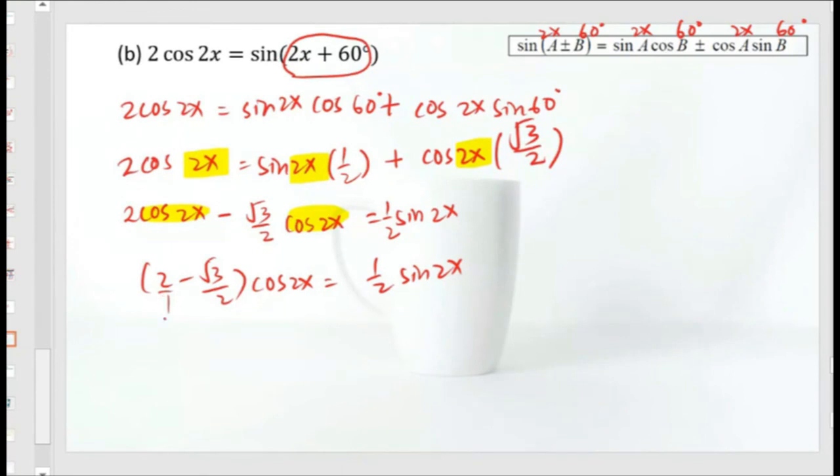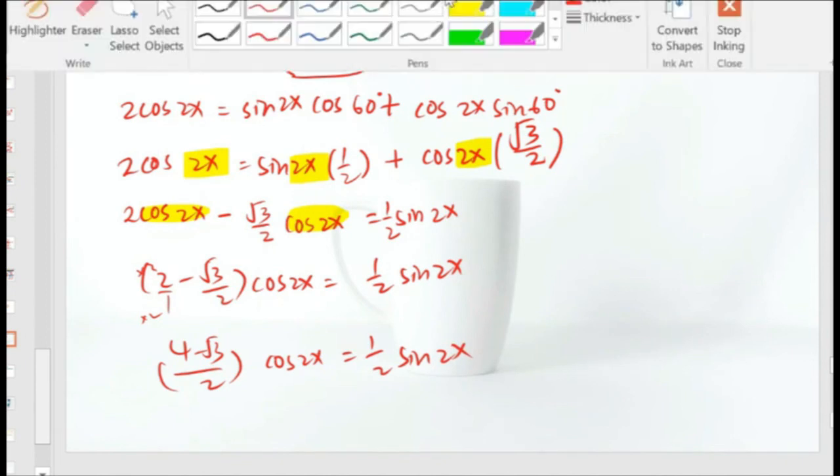Okay, then this one simplify. We change it, so it becomes 2 to 4, multiply 2. So 4 minus square root 3 over 2 cos 2x equal to 1 over 2 sine 2x. Okay, then 2 can simplify.